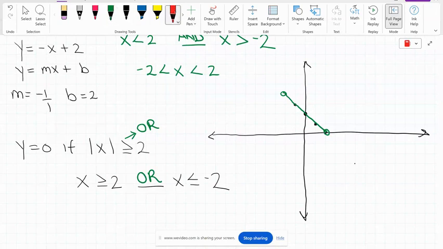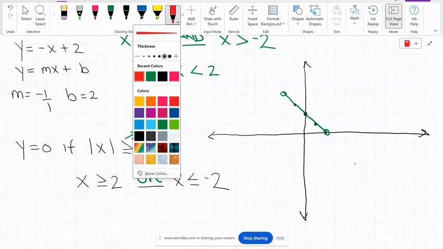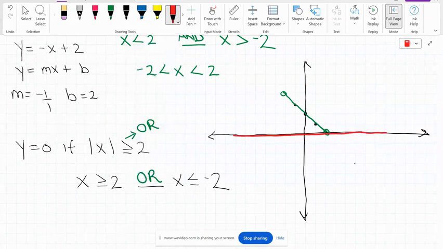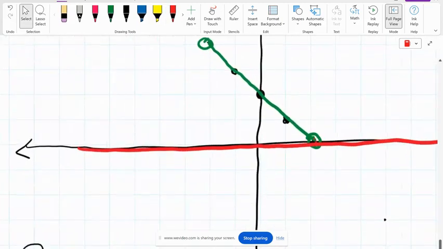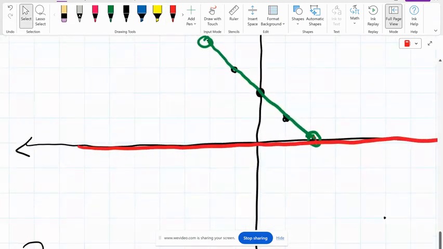So now let's see what this sketch looks like. If I'm at y equals 0, isn't that the whole x-axis? But now I'm only where x is greater than or equal to 2. Isn't that right here, where we have an open circle? That's x is 2. But now this is saying greater than or equal to 2.